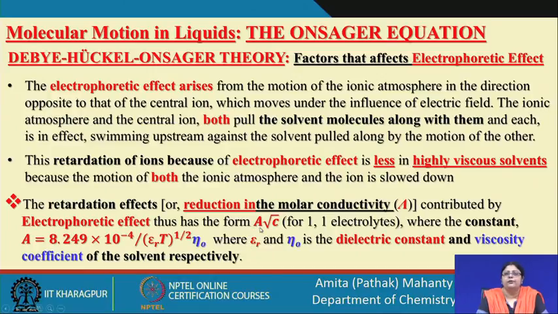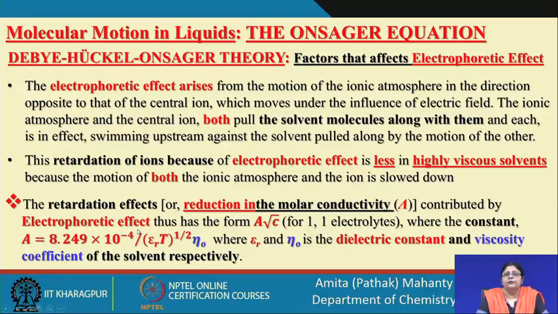These are all formulations, we are modeling it depending on what type of electrolyte we are using. For a 1-1 electrolyte, the Debye-Huckel-Onsager theory proposed that a constant A into root over C will be the contribution to the molar conductivity due to the retarding effects of the electrophoretic effect.